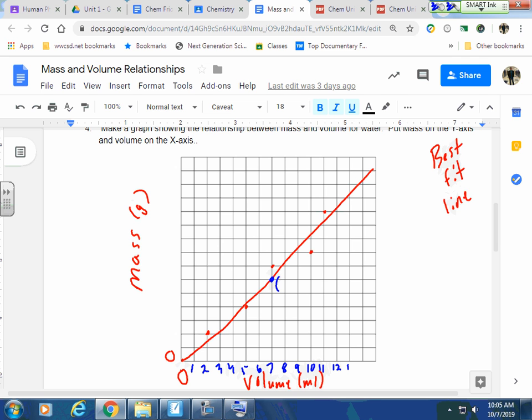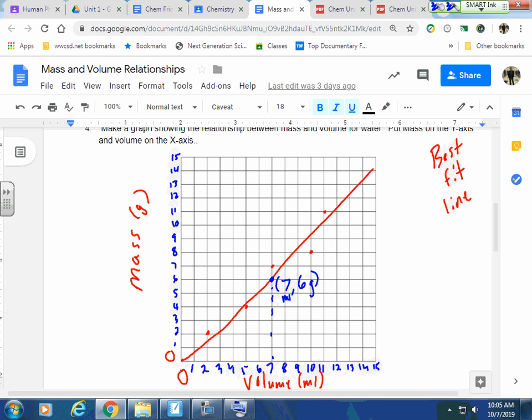That's probably not the same as yours. So this would be a volume of 7 and a mass of 6. So 7 milliliters and 6 grams.